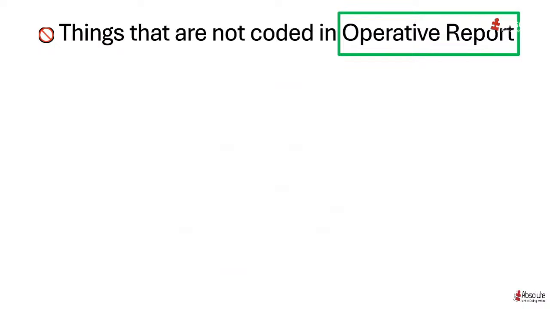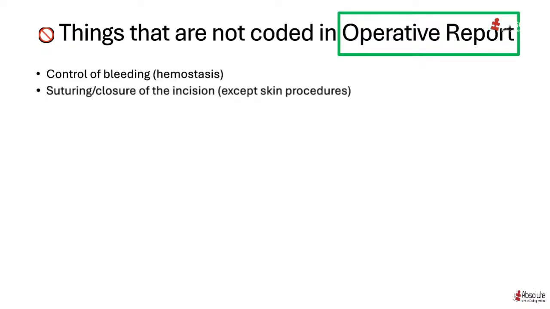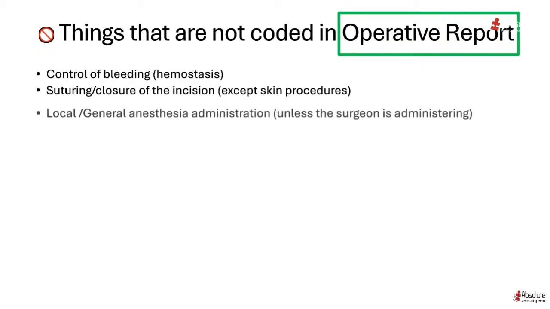When you are coding an operative report, remember that these items are not coded. You do not code bleed control or hemostasis. You do not code suturing or closure of the surgical site incision, except for primarily skin procedures, which we do code.